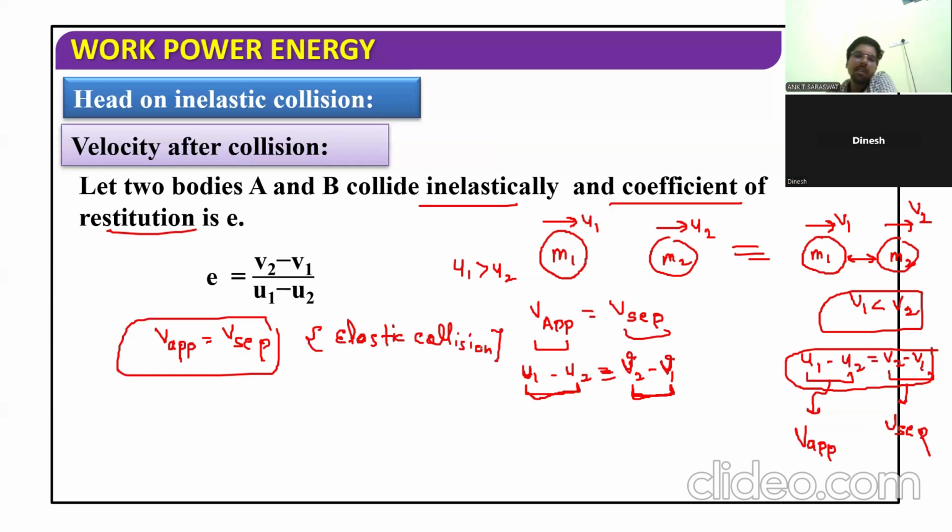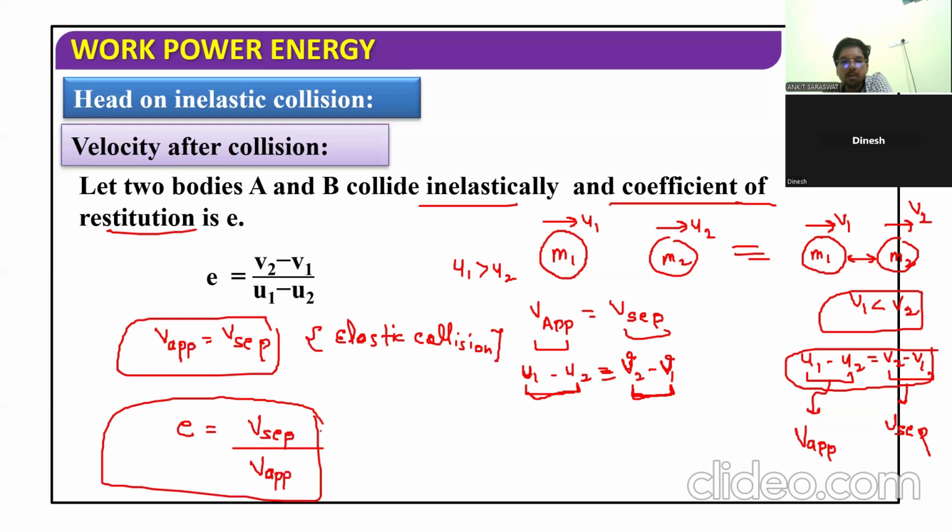In that case, we use a term called the coefficient of restitution. It is the ratio of the velocity of separation divided by the velocity of approach.